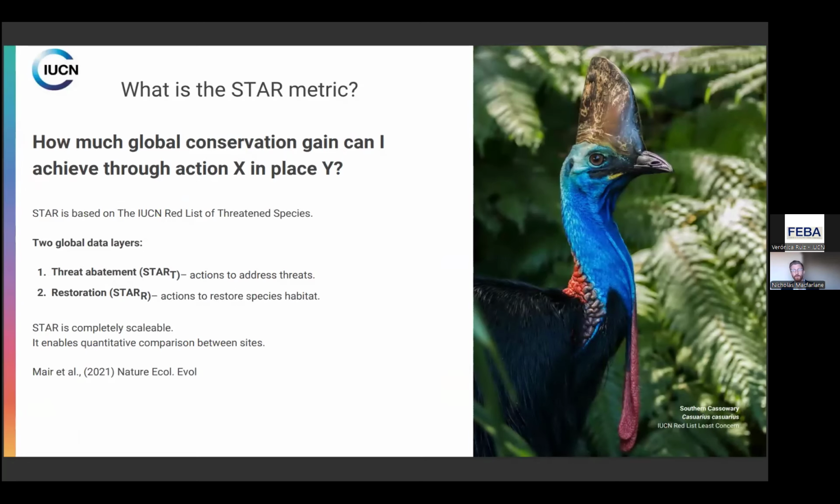STAR exists to respond to this very specific need. At its root, STAR tells you how much global conservation gain you could achieve through a given action in a given place. It's based on the IUCN Red List of Threatened Species.